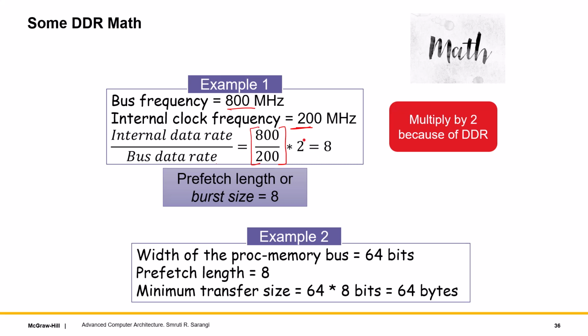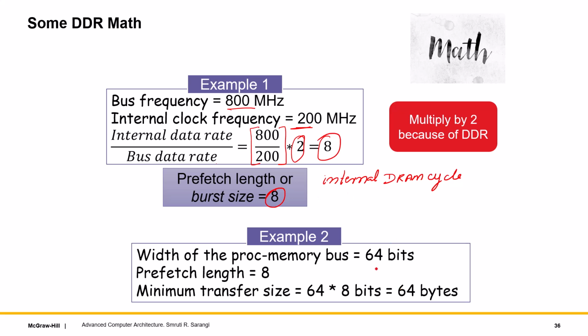For every bus cycle, if I am generating 2 bits because it is DDR, then what I get is this value of 8, which basically means that for every internal DRAM cycle, I need to generate 8 bits, which is nothing but my prefetch length, because I just generate these 8 bits and I send them.